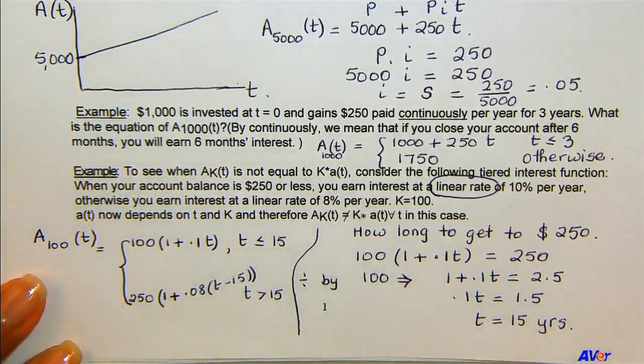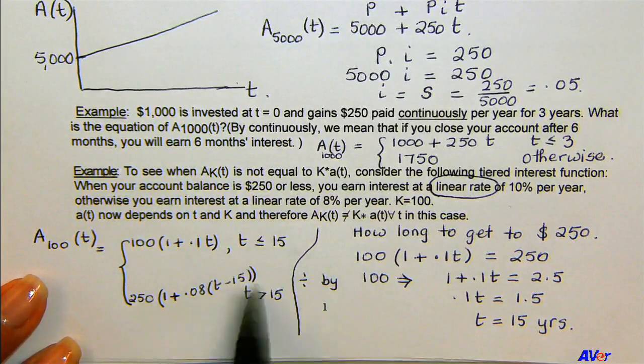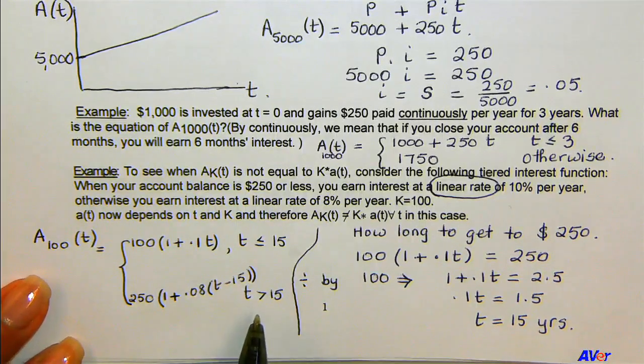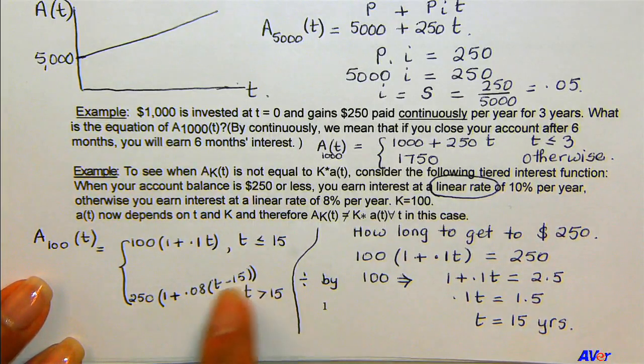What's going on here? It's not what you originally said, guys, is it? So this one's clear, but this one is saying if your time is greater than 15, then at time 15 you're already up to $250. That $250 has to grow at 8% for how many years? These many years at 8%.